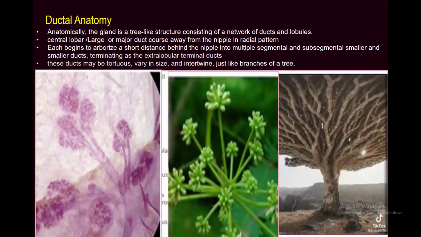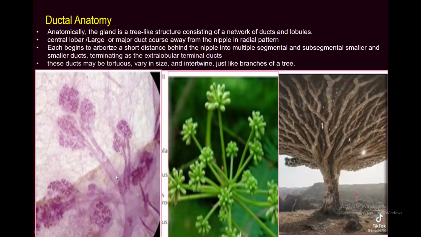The ductal system is like a tree, a tree-like structure. It is a network of ducts and lobules that join together to form a central duct going toward the nipple.